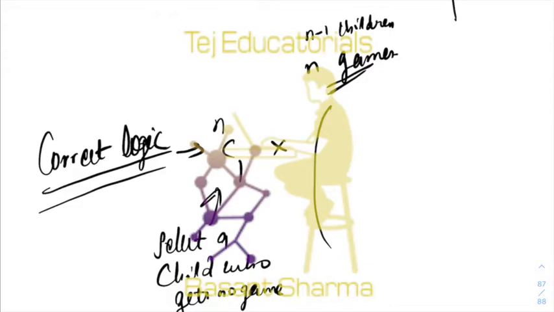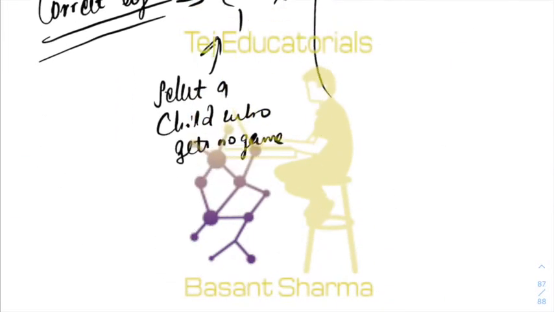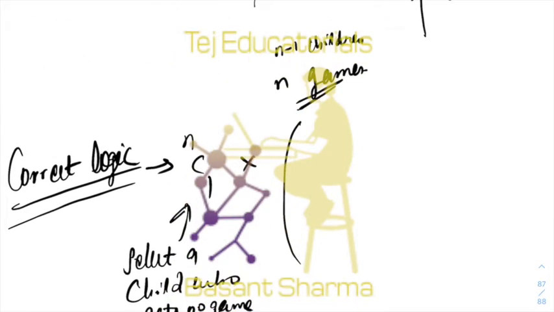One thing that I forgot to mention is exactly one child gets no game, distributing all games. Okay, now you see, think about it. The question says exactly one child gets no game. That means every other child must get at least one game, right? Every other child apart from this one must get at least one game.